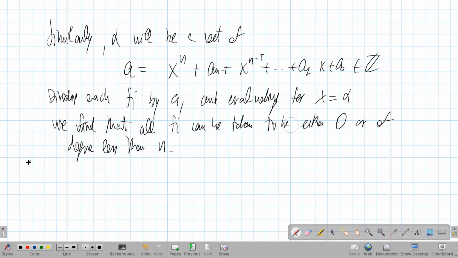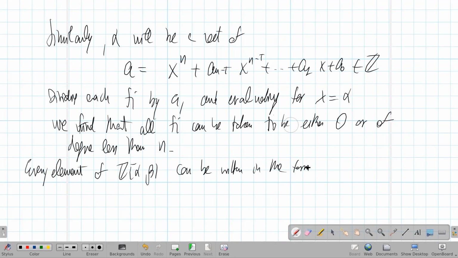So this means that every element of Z[alpha, beta] can be written in the form... Okay, let's use first the form. So we know already that we can take this sum up to m minus 1, where m is the degree of beta, the degree of B. And now we know that these polynomials can be taken of degree less than n.